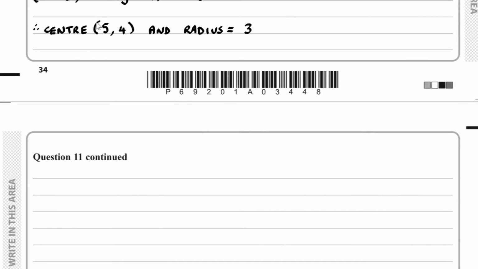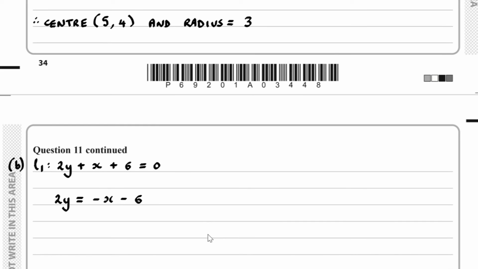So, for part B, if I consider the line L1, then we have 2y plus x plus 6 equals 0. 2y is equal to negative x subtract 6.